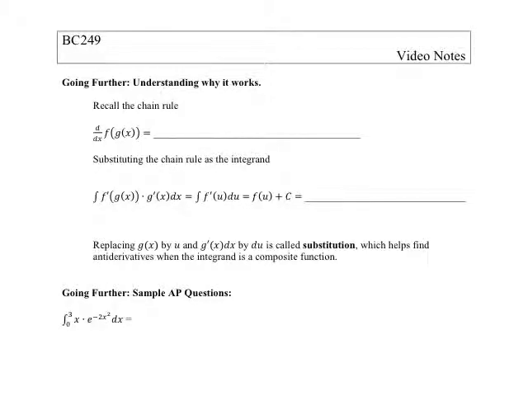Alright, so recalling the chain rule, the derivative of the chain rule states that if you have f of g of x, what we do is we take the derivative of the outside and we multiply that by the derivative of the inside.